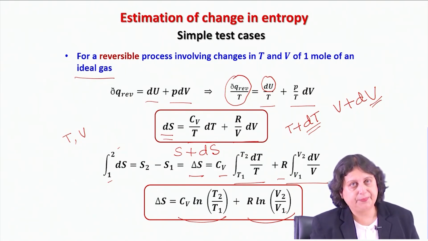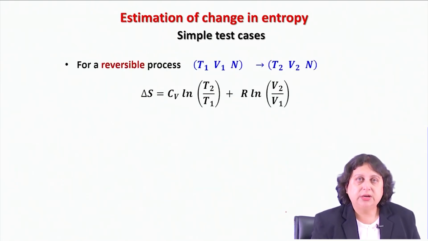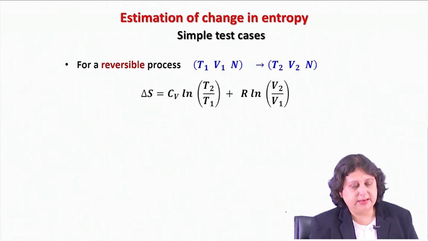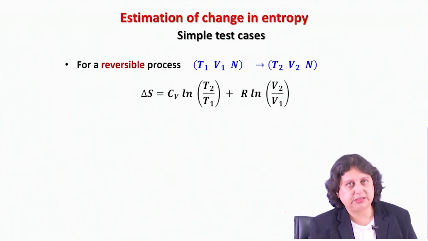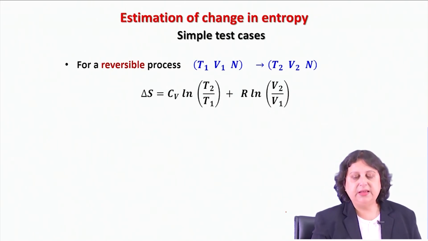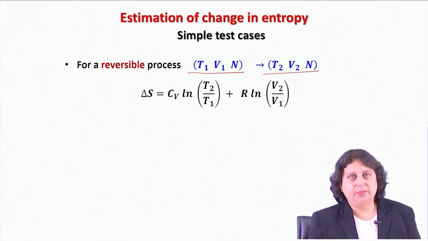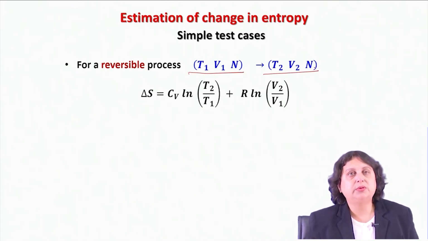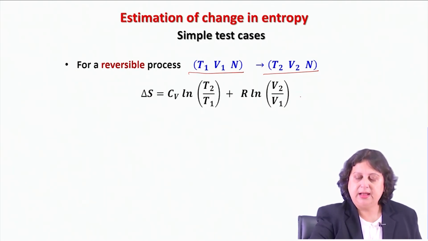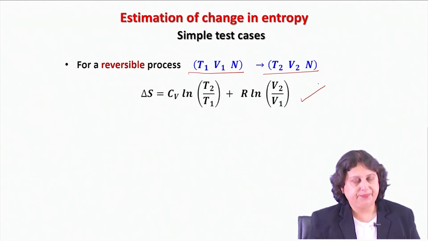Now, to continue our discussion, till now I have talked only about reversible processes. And now you know that if a system passes from this initial equilibrium state to this final equilibrium state, you know how to calculate the delta S. So delta S is given by an expression like this.